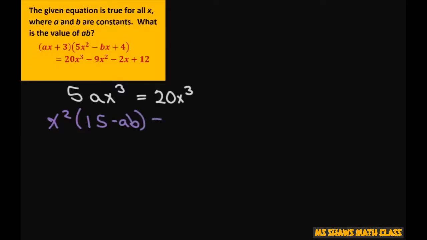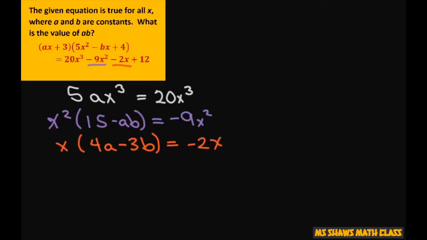So we equate coefficients, so that means it equals negative 9x squared. All right, in this third one, we had x times 4a minus 3b. And that's going to equal negative 2x.